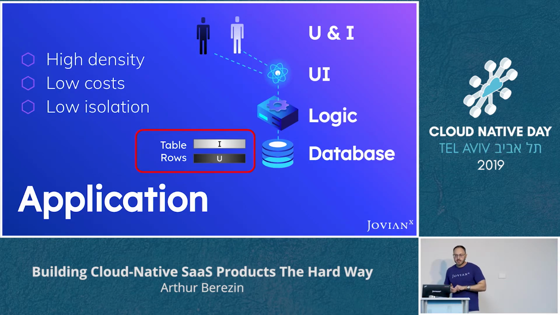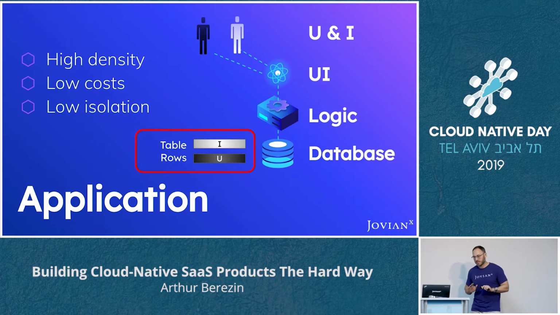And obviously, this is optimized towards density and lower costs, but also there's a low level of isolation between the data. For example, if I'm a cyber tool and my developer made a mistake and can now see data from another account, this is a major no-no, right?